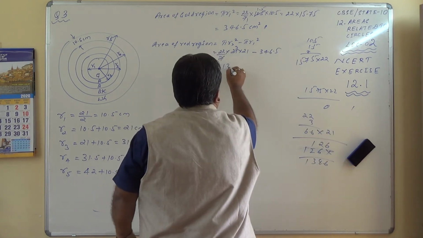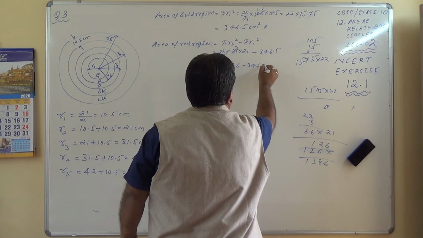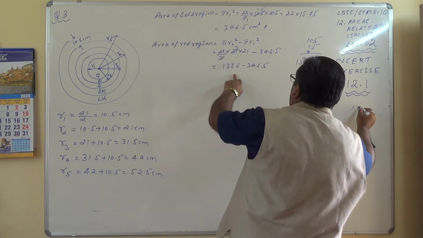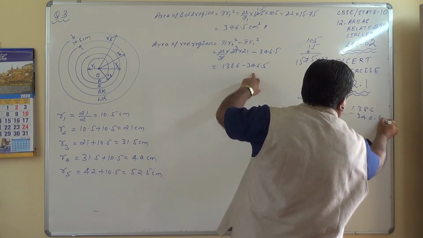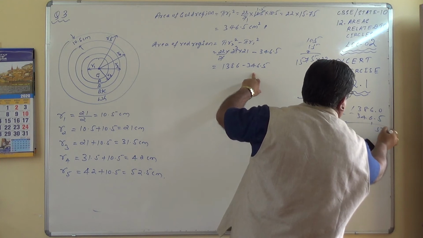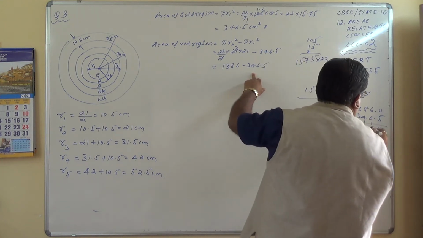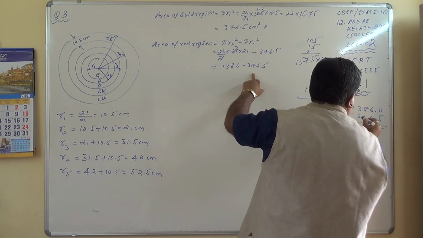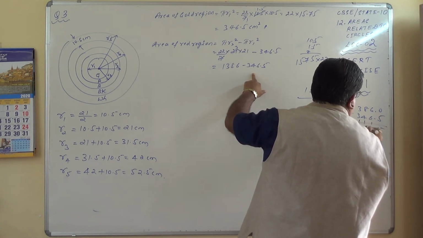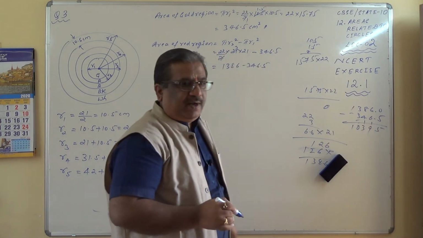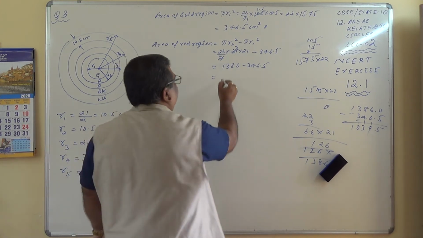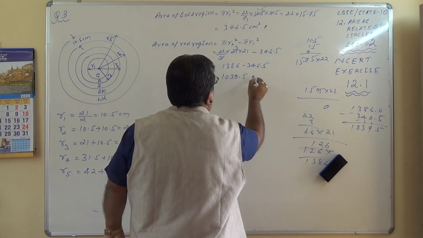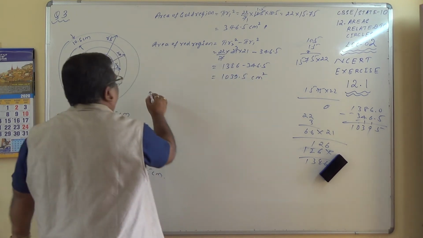So 1386 minus 346.5 is 1039.5. It is 1039.5 square centimeter.